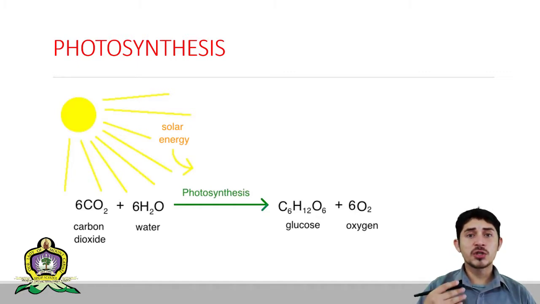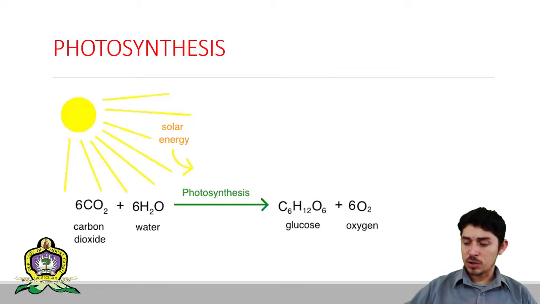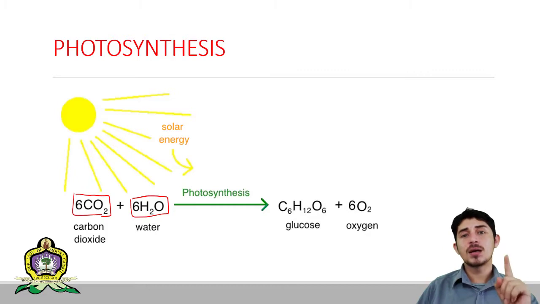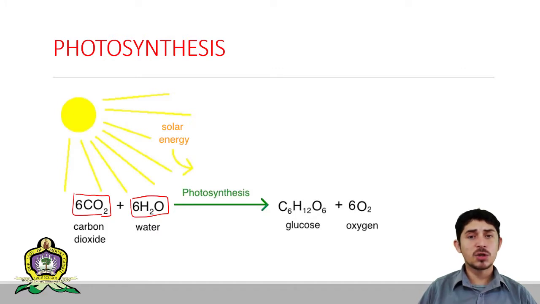But now it is time to step it up a little bit and understand clearly how this is done. 6 carbon dioxide molecules join 6 water molecules to produce a single glucose molecule and 6 oxygen molecules. This is known as the balanced equation. And you might be asking, Mister, where does all of this come from? This is what I will talk about in the next slide.